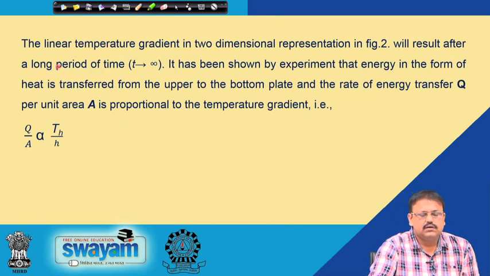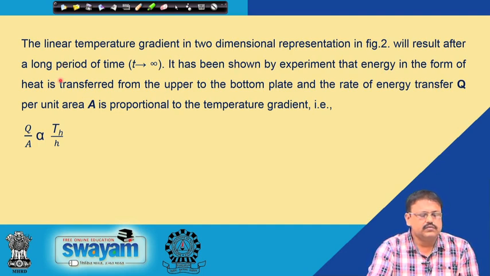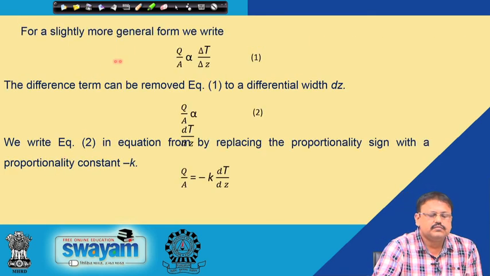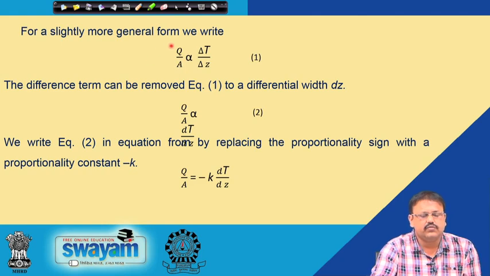From this we know that Q, the heat transfer per unit area, is directly proportional to the temperature difference Th minus T0, and inversely proportional to the distance between the two plates. So, this can be modified such that Q by A is proportional to delta T by delta Z, where delta Z is considered in the direction of heat flow.